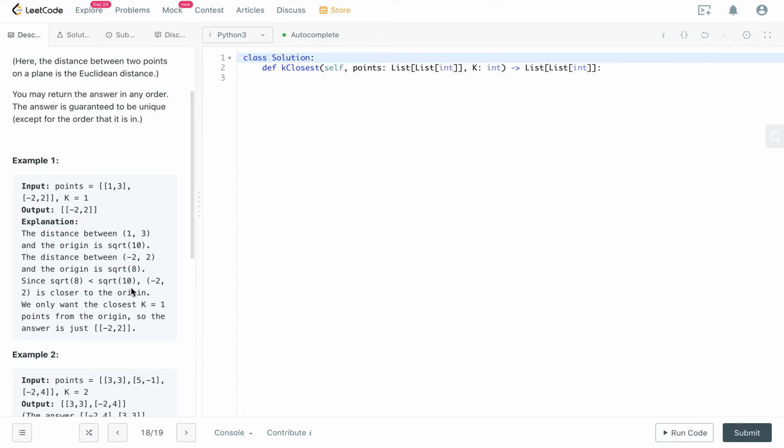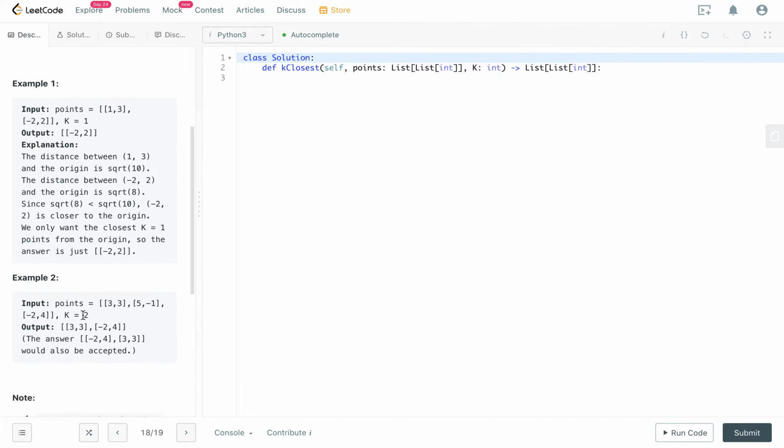Since square root of 10 is bigger than square root of 8, the point (-2, 2) is closer to the origin. We only want the closest k equals 1 points from the origin, so the answer is just like that.